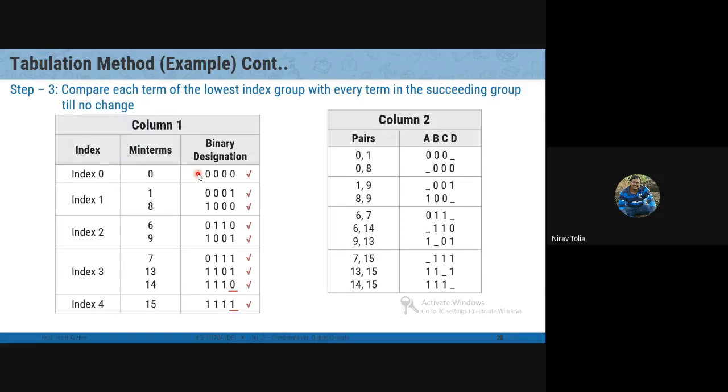If their binary representations differ by only a single bit, then the group is possible. Okay. So now again move to the rule.